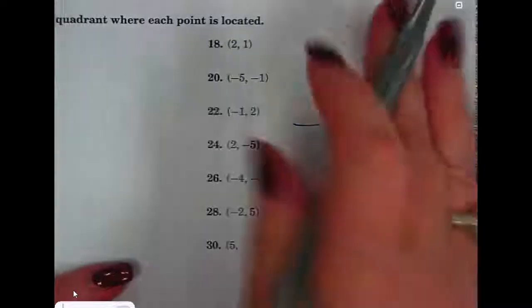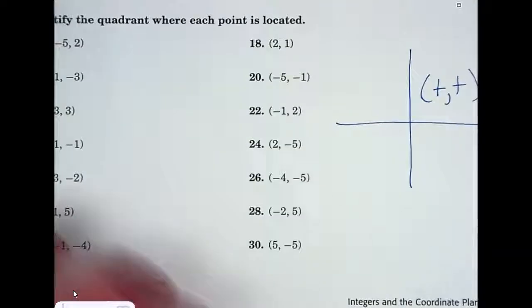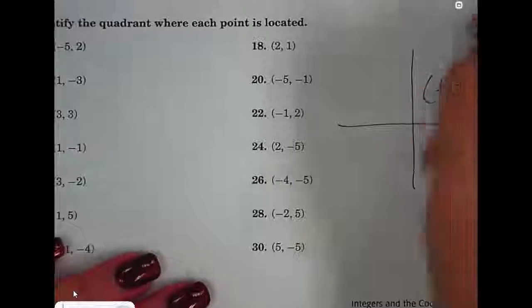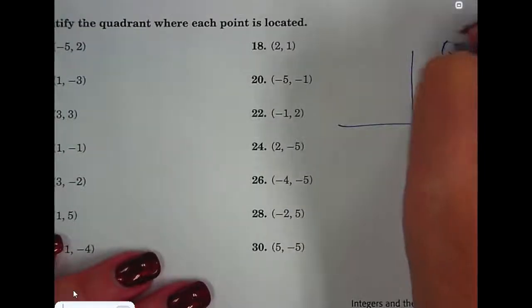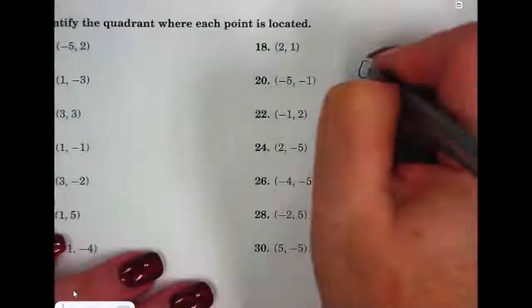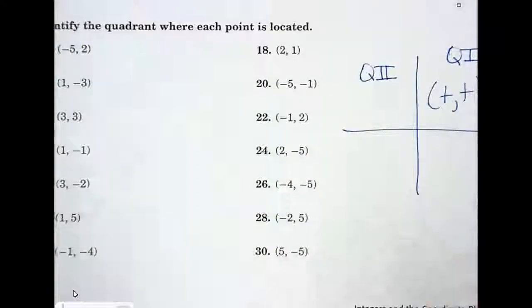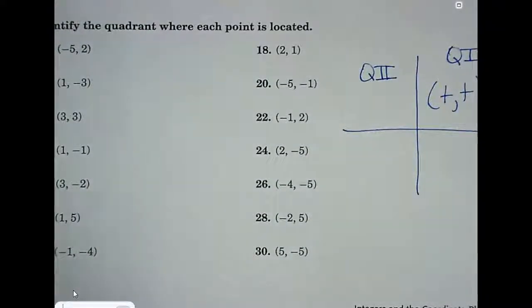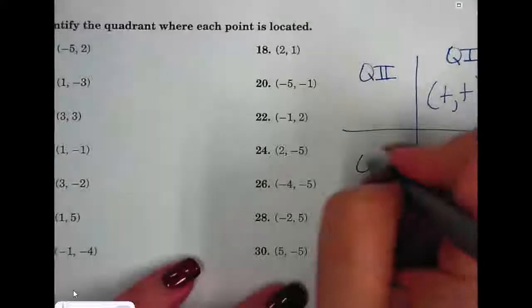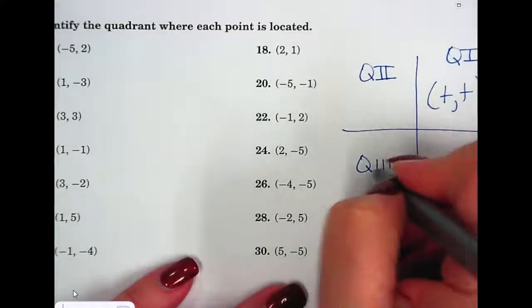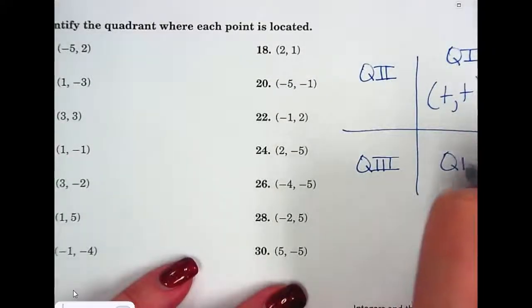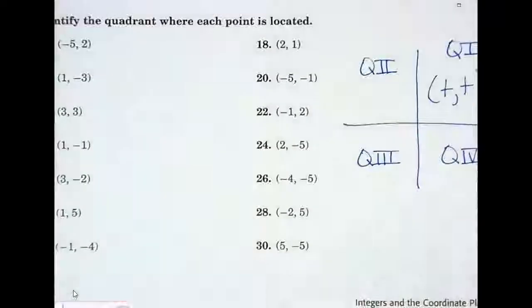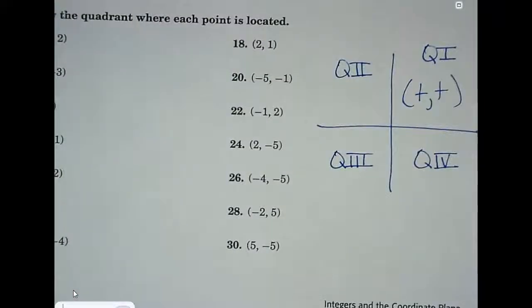Label these, and then if you have this here, it might help you do this. What quadrant is this? Quadrant 1. This one is quadrant 2. The next one is quadrant 3. And the last one is quadrant 4. All right. I'm going to give you some time to work on these.